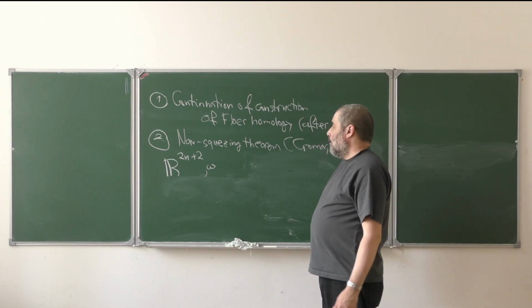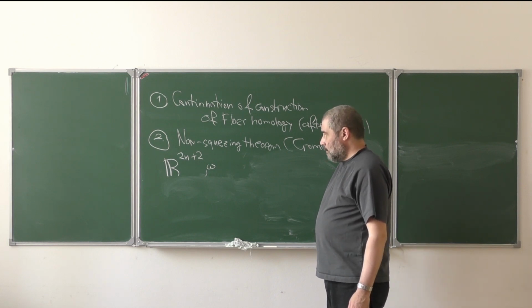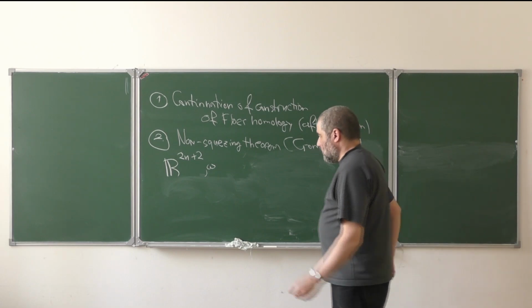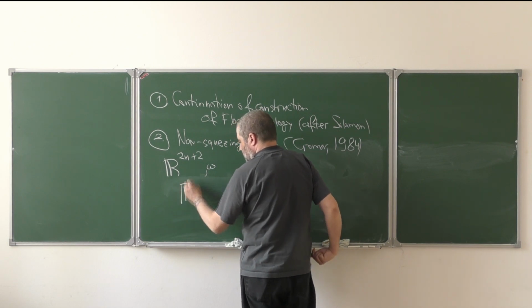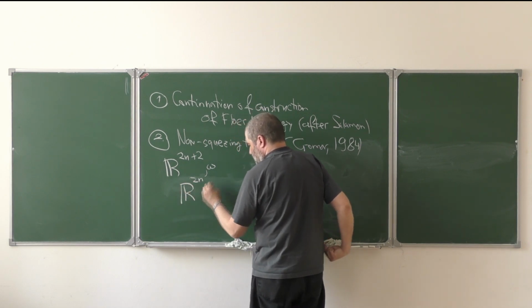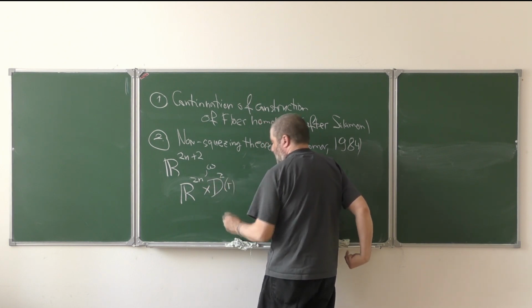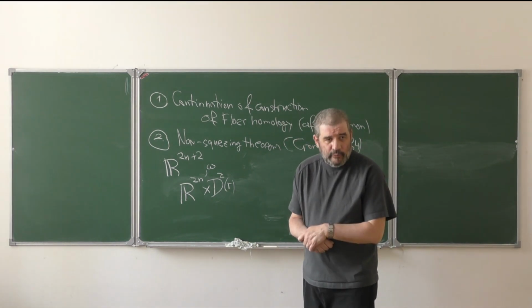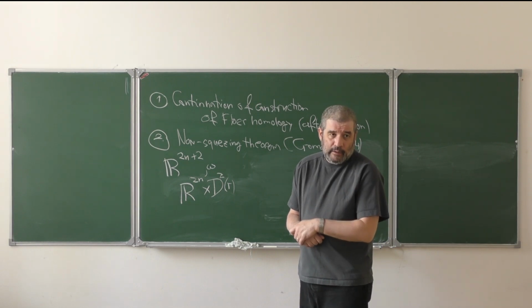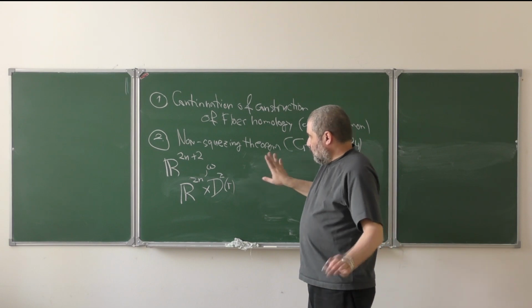And in this space I consider the product of a two-dimensional symplectic disk of radius r and R^{2n}.